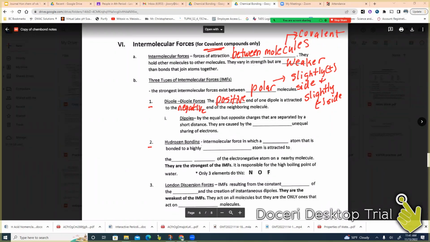A dipole exists by equal but opposite charges that are separated by a short distance. There is unequal sharing of electrons, and that unequal sharing is due to electronegativity differences.